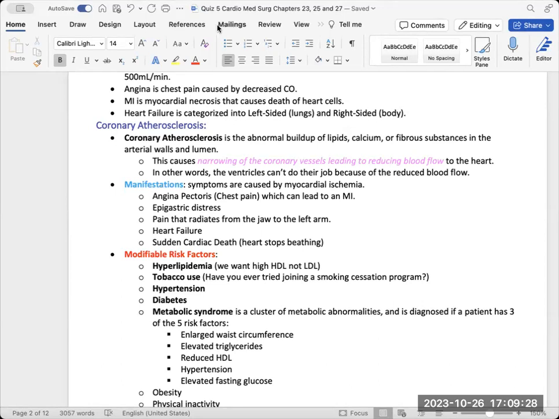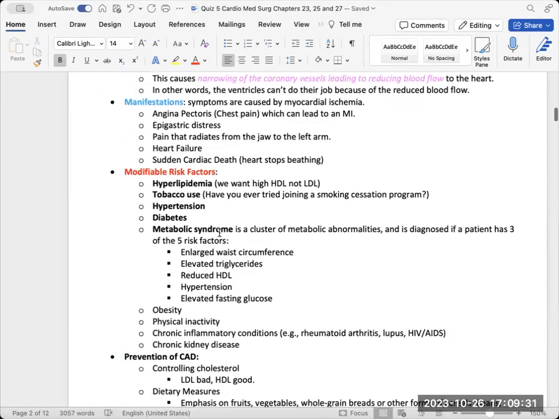Okay, so basically with this, manifestations include anything that causes ischemia to the heart. So ischemia means that you're having lack of perfusion, right? If you're having plaque buildup, you're having something blocking those arteries, you're going to have something causing lack of perfusion to the heart. So chest pain or angina pectoris is caused by ischemia or lack of perfusion.